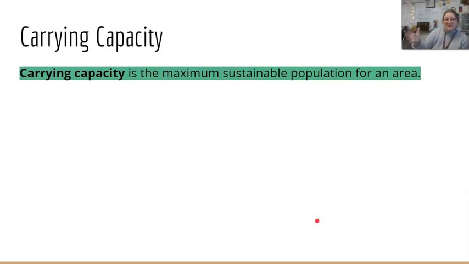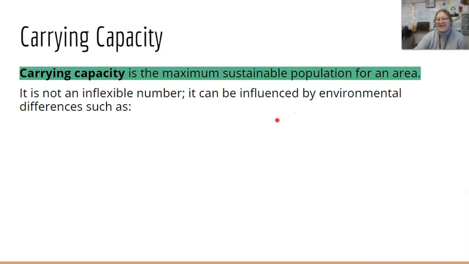All of these limiting factors lead to what is called a carrying capacity. A carrying capacity is the maximum sustainable population for an area. It is not an inflexible number. It can be influenced by environmental differences. One ecosystem does not have a solid set carrying capacity that is the same every moment of every day, of every month, of every year.